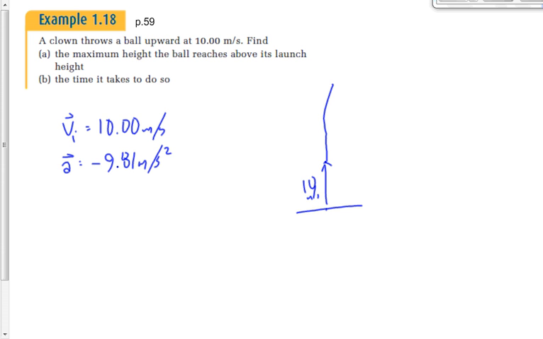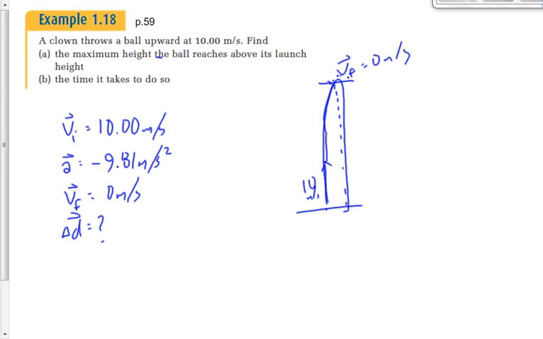And then what happens? It speeds up in the downward direction. If we only analyze the upward trip, to its max height, and that's really what we're looking for, the max height, then what's VF there? Nathan, what's VF? 0. Now, if we're analyzing the whole trip up and down, VF isn't 0. But the trip up, VF is 0. That's a big deal to recognize that.